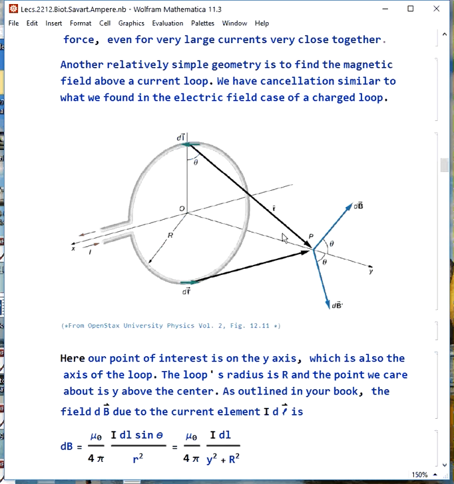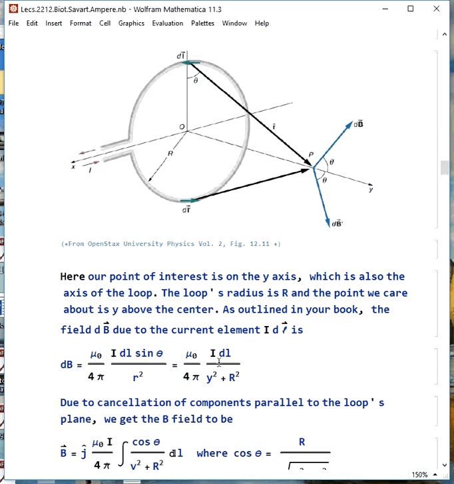The field dB, this little piece here, due to the current element dl, is mu naught over 4 pi I dl sine theta over r squared. Here that reduces to mu naught I dl over 4 pi times y squared plus big R squared, because that's our little r right there. Now the components parallel to the plane of the loop cancel, so we have to have a cosine theta in there.